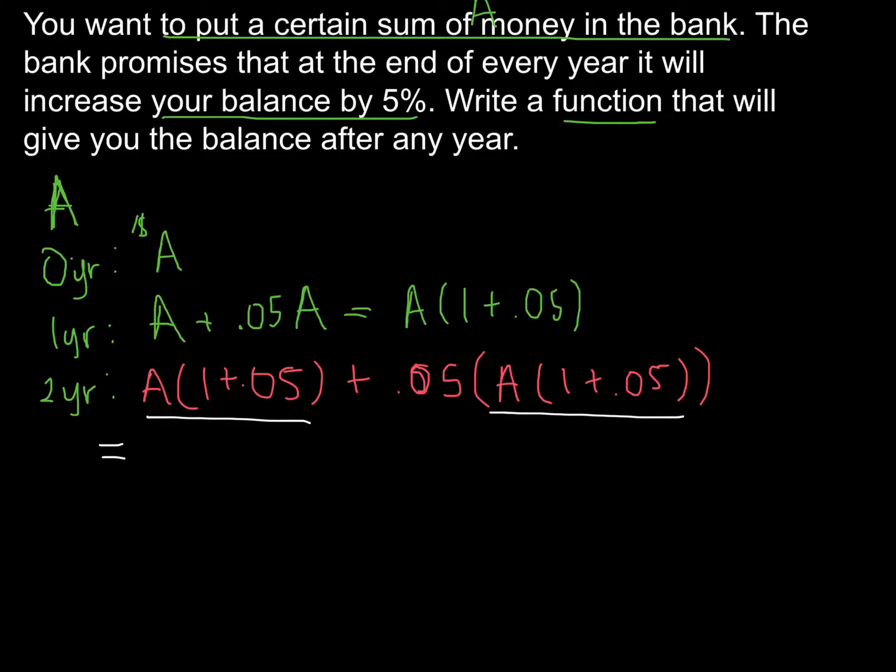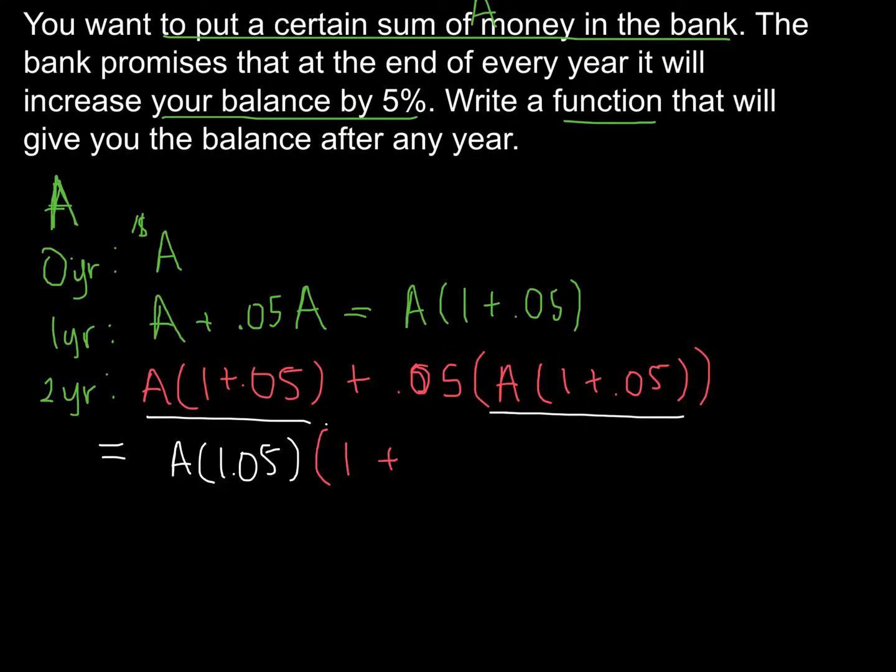And what we'll end up with is A times, and we can actually write this as 1.05 if you want. Let's do that. And we've pulled it out, and what do we have left on the inside? Well, we have 1 here, right? There's 1 A times 1.05 here, plus how many A times 1.05s are there here?